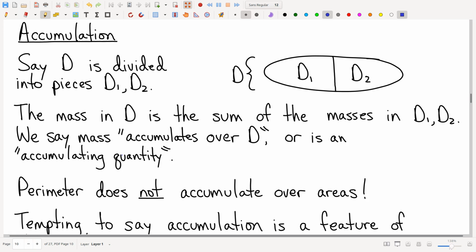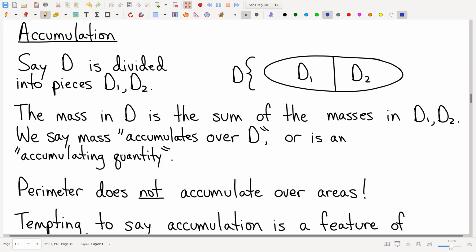You can compute mass with an integral because you can chop up your mass into little pieces, and the whole mass is the sum of the little pieces of mass. So mass accumulates over areas, and from a triple integral's point of view, mass accumulates over volumes. Likewise, population, likewise, various other things that we've computed.